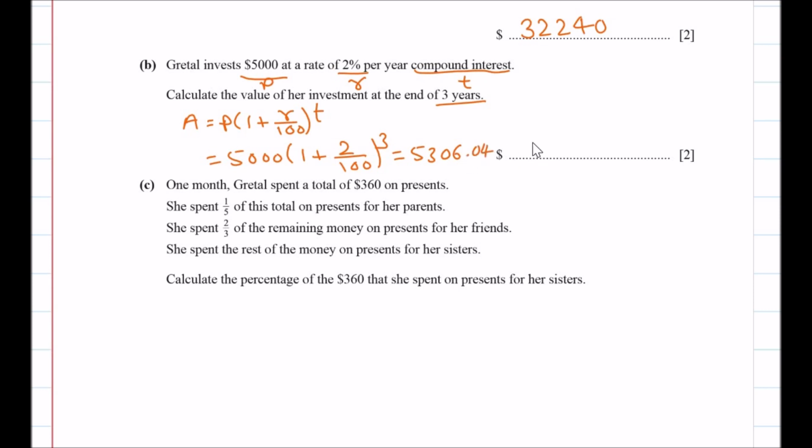So we'll write the answer in the answer space. This is money, so we write in 2 dp, if no other instruction is given. So let us write 5306.04.